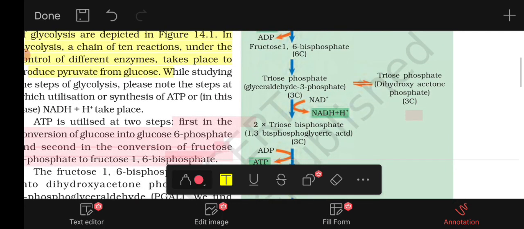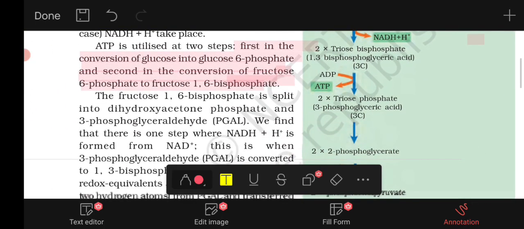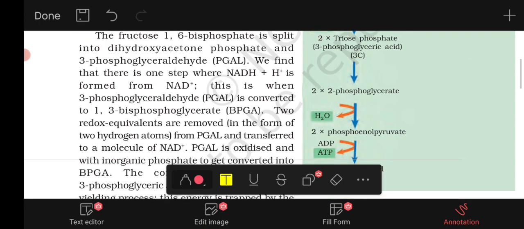3-phosphoglyceraldehyde forms two molecules of 1,3 bisphosphoglycerate, and there is synthesis of NADH.